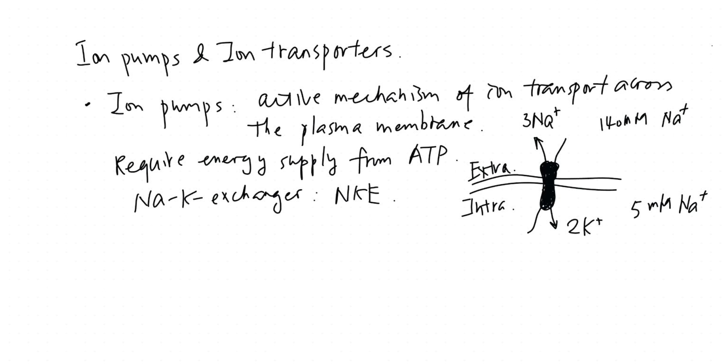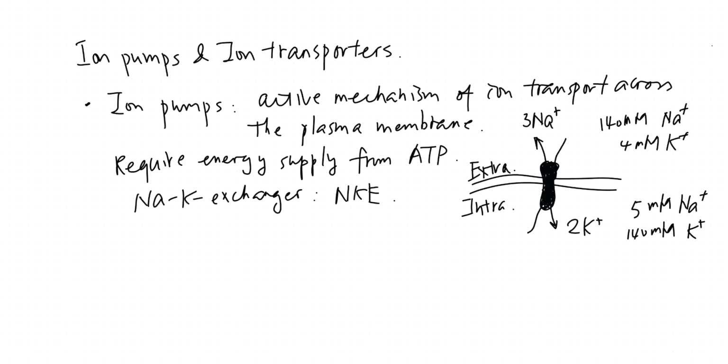And for potassium, it's usually 4 millimolar outside of the cell, and inside of the cell, it's 140 millimolar. These numbers can change; I'm just giving the order of magnitude.